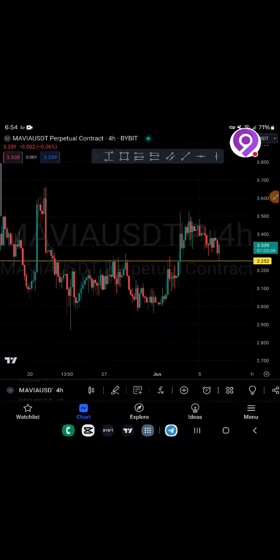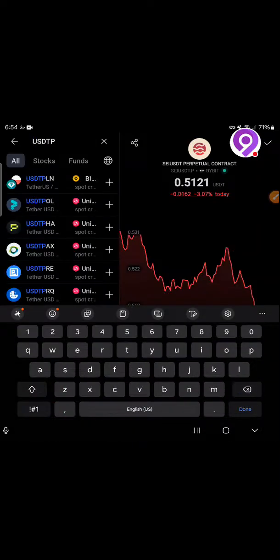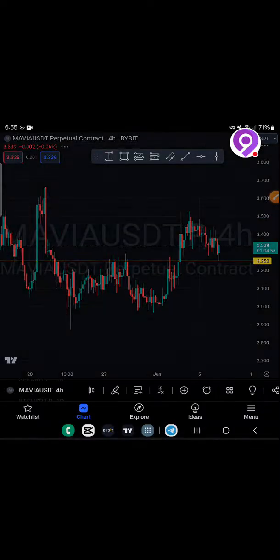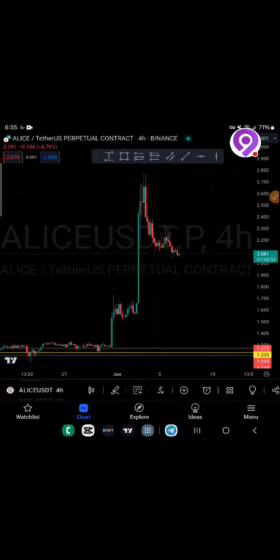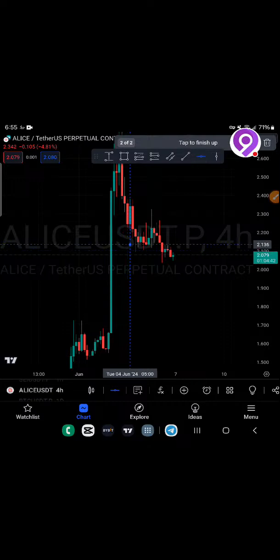Alice. So let's check for Alice. Yeah, Alice. This coin has really pumped so hard. So it's already on a downtrend, and it doesn't look as if it's going to recover.